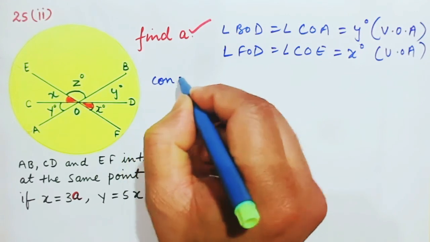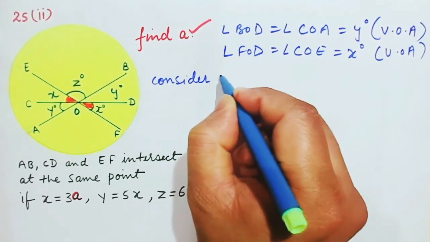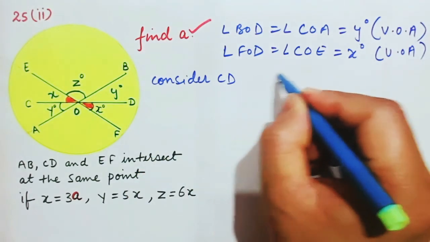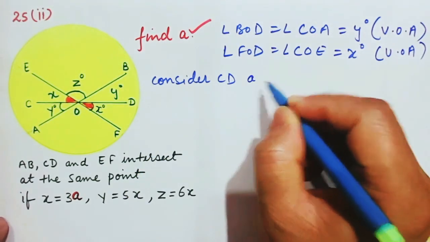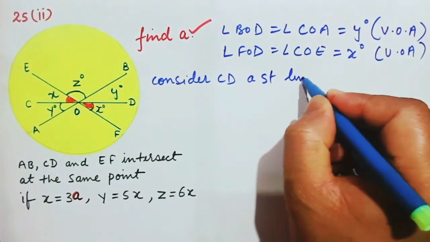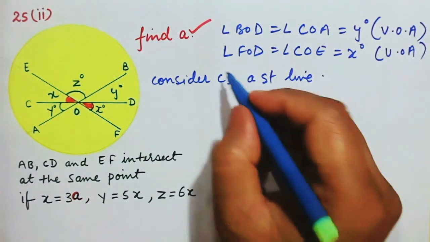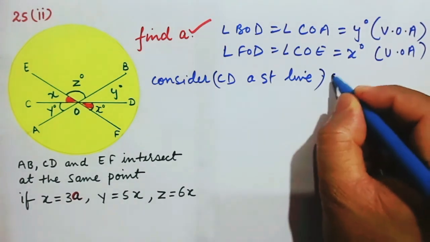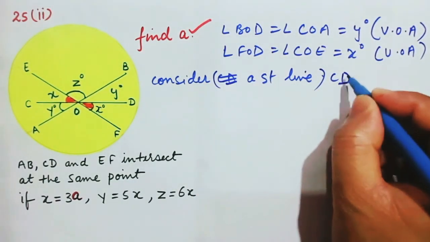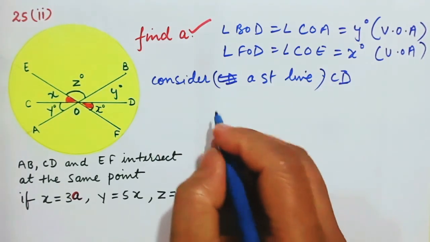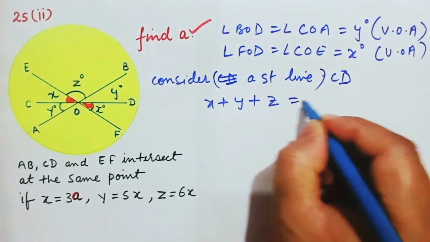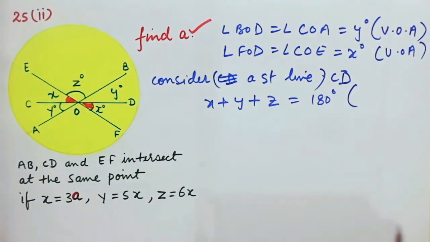And then consider straight line CD. So when we consider straight line CD, then x plus y plus z will be equal to 180 degree.